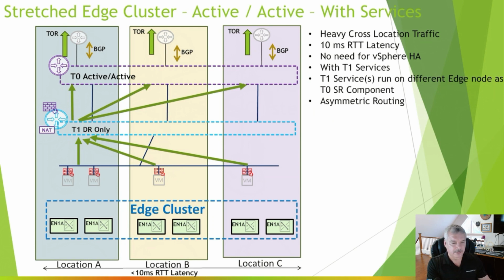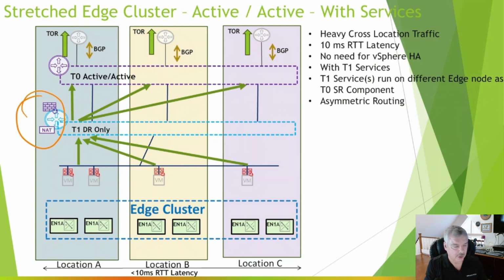Now, how about this? Again, we have services in our tier 1, but what's the difference here? Now we're going to have that tier 1 services run on a different edge node. Maybe you've got an edge cluster for the tier 1 services and an edge cluster for the tier 0. Quite common, okay?